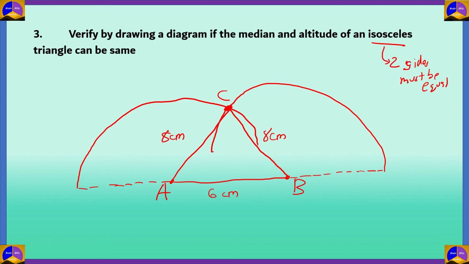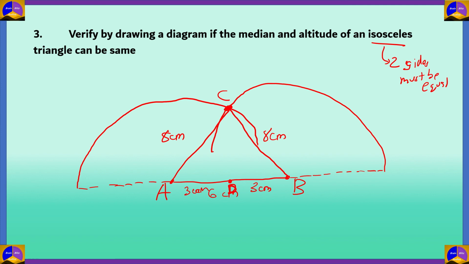Now let's divide AB into two parts. Let's name the midpoint as D. So AD would be equal to 3 centimeters and DB would also be equal to 3 centimeters. D is the midpoint.